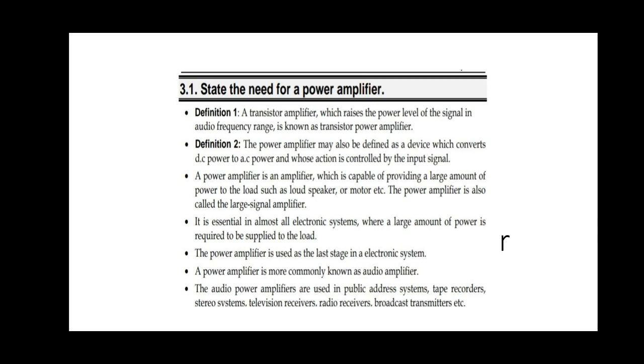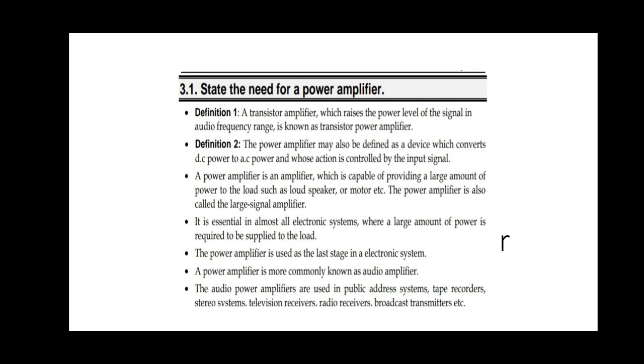So 1 plus A beta gives a lower value of output impedance. The amplifier is much better suited to drive a low impedance load. Next, it increases the bandwidth. By applying negative voltage feedback, the bandwidth of the amplifier is increased by a factor 1 plus A beta.